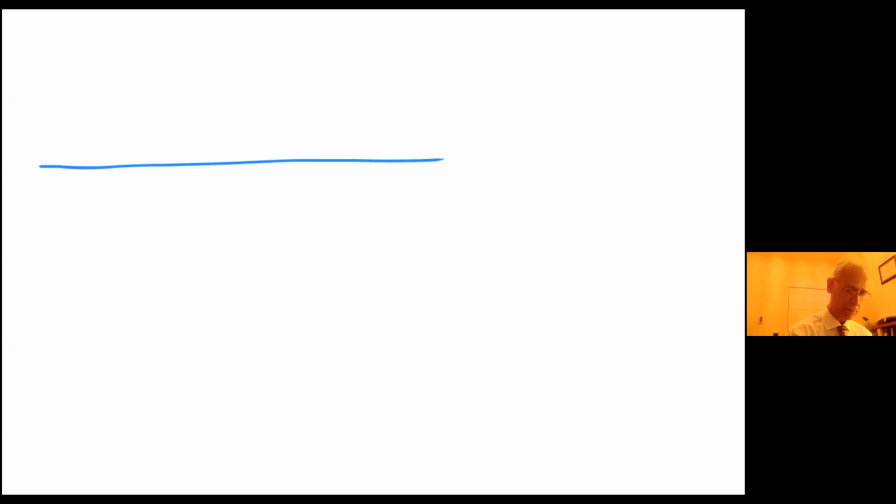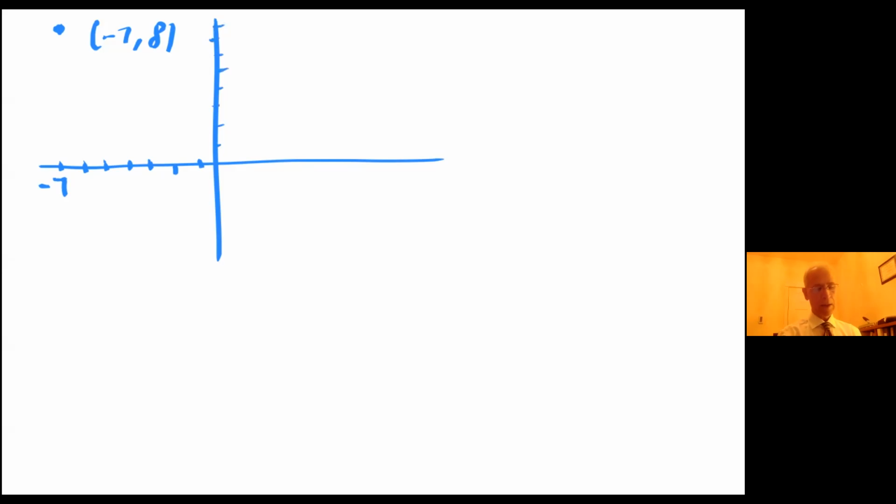Suppose you're given this graph. You can clearly see from the graph that one point is at -7, 8, and let's say that you can clearly see that the vertex of the graph is at 1, 2.